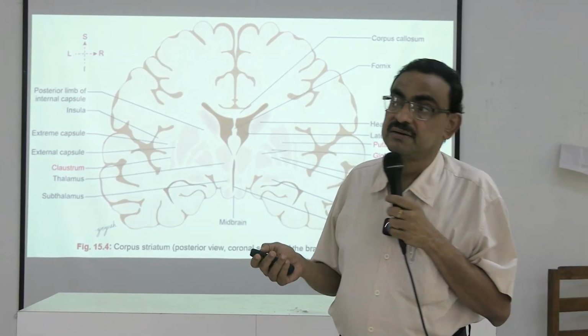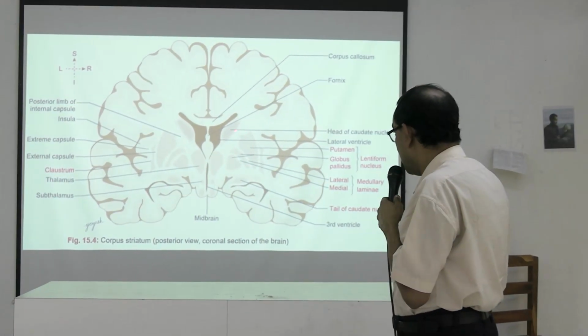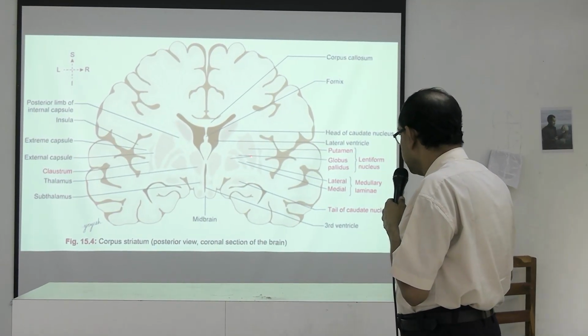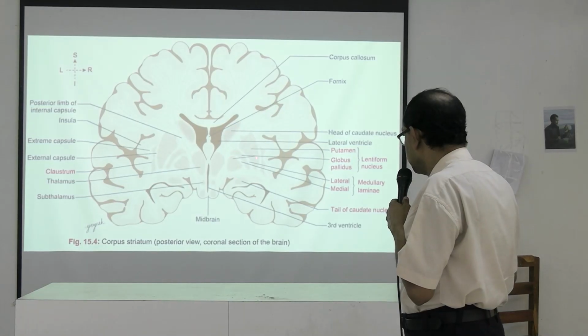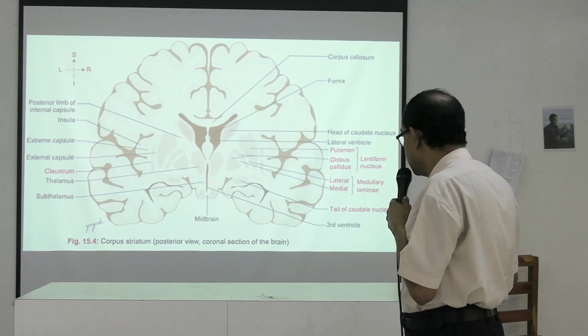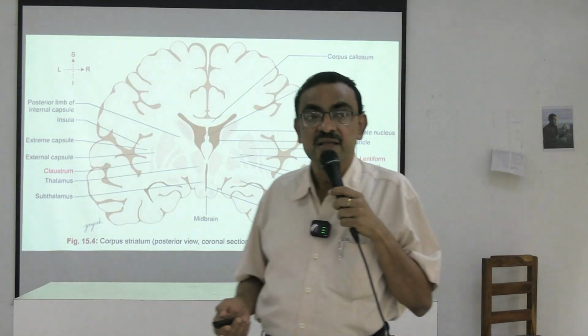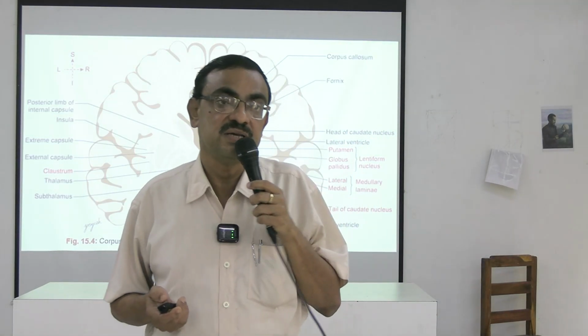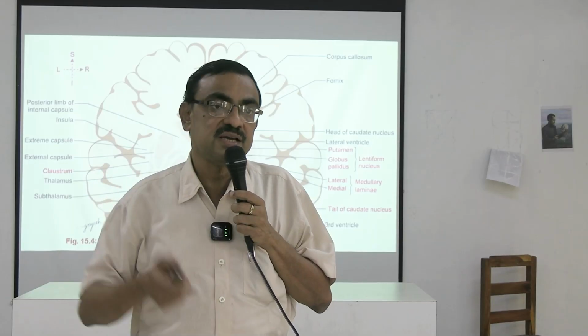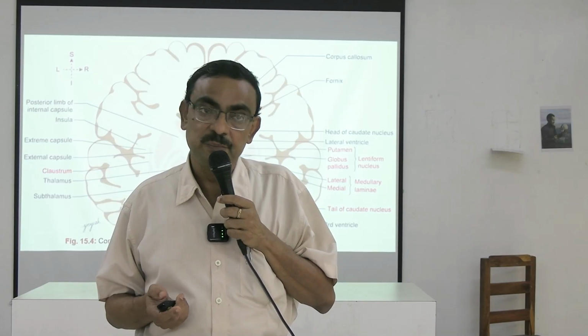So that part plus all these nuclei, claustrum, lentiform nucleus, caudate nucleus, subthalamic nucleus, substantia nigra, constitute the basal ganglia. In the cross section we will find the basal ganglia.